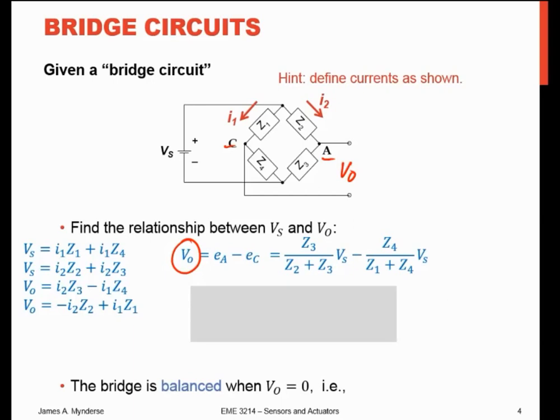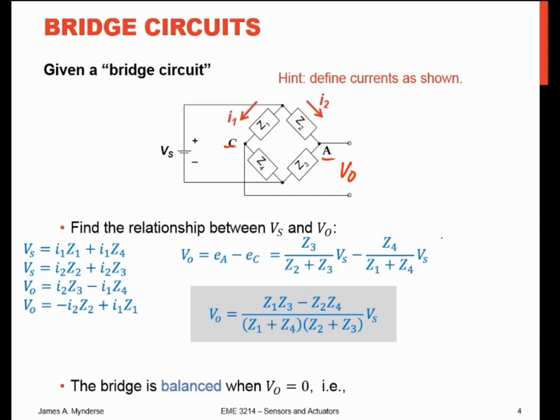The voltage at A is our voltage divider equation again, where I have the total impedance, Z2 plus Z3, and the impedance here across the bottom, so it's essentially what fraction of the total impedance is that impedance, times the source voltage. That gives me my voltage divider on the A side and on the B side, and as long as everything's equal, well, they don't have to be equal, as long as the, we'll get to that.